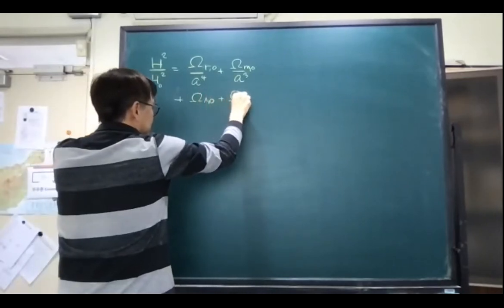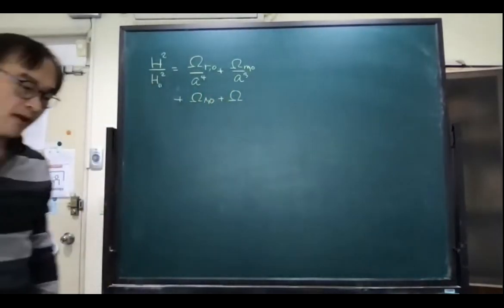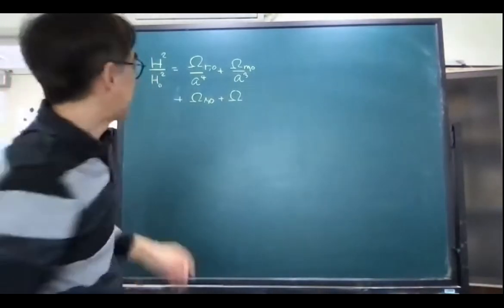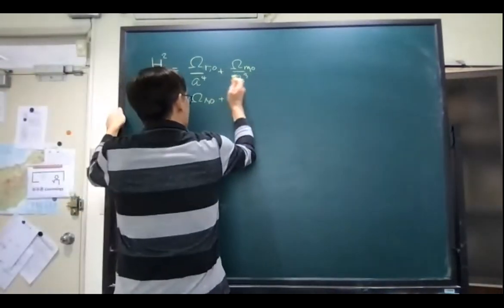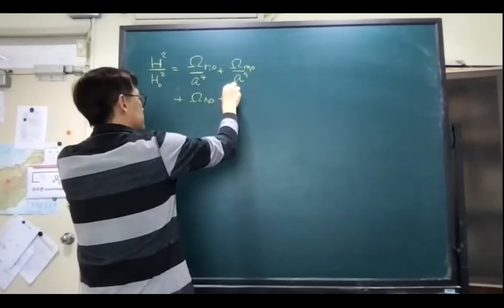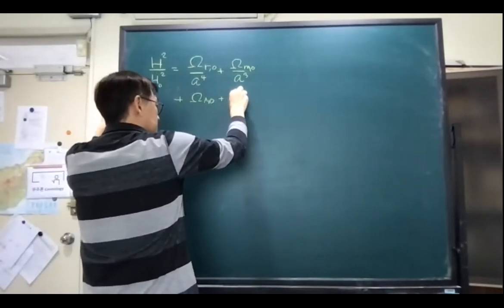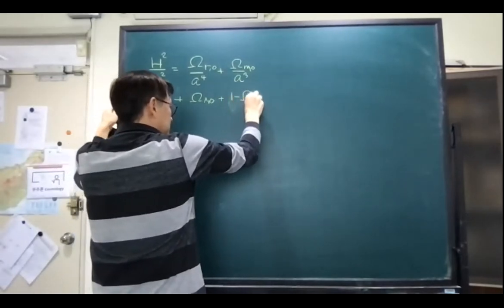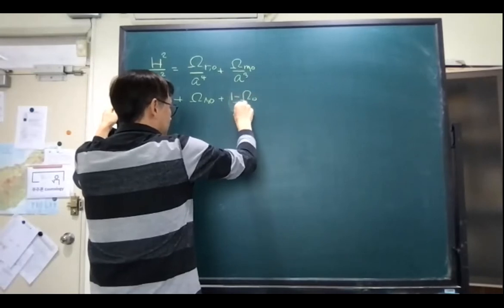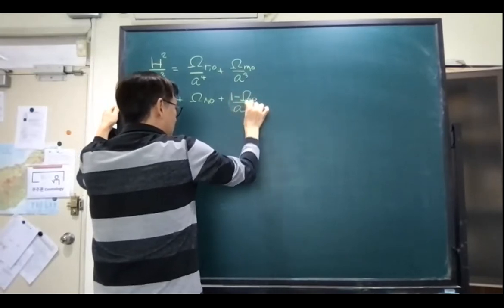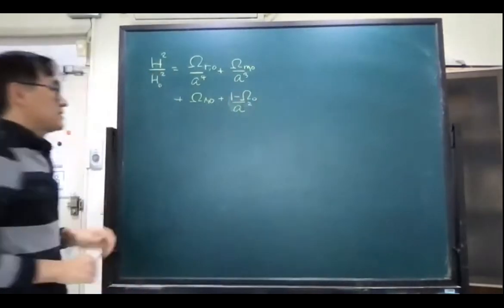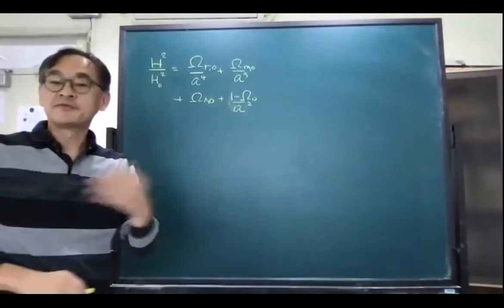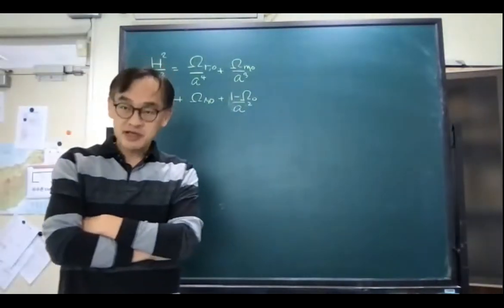And we have the curvature component, and the way we write the curvature component was to write it this way, a to the power of 2. So this is another form of the Friedmann equation that we discussed.